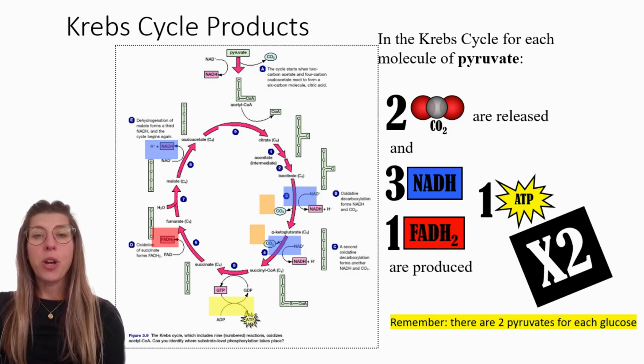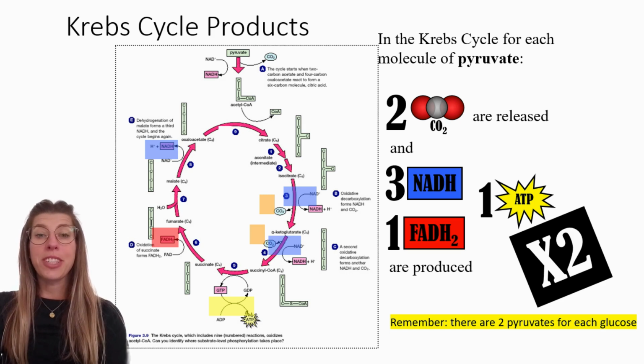We looked at all of the compounds that they transform into, but the takeaway is what is produced. So we end up seeing 2 carbon dioxides that are released, okay? We also see 3 NADHs produced, and then 1 FADH2. Okay, you can see those boxed in on the diagram on the left.